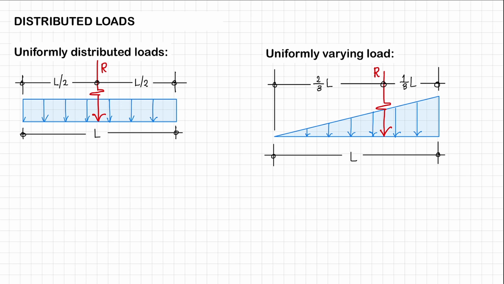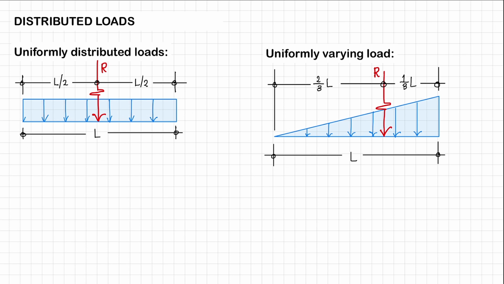To solve for the magnitude of the resultant of a uniformly distributed load, what you need to do is just compute the area of your loading diagram. If it looks something like this, this is typically called your loading diagram.